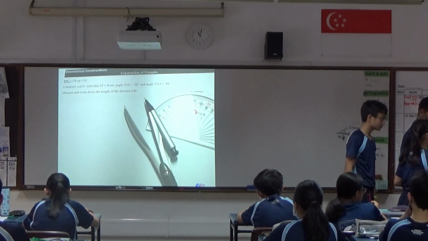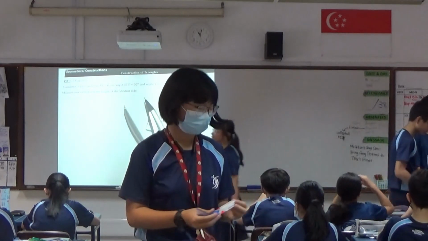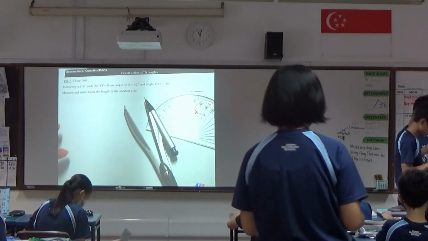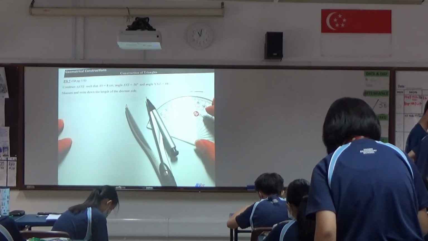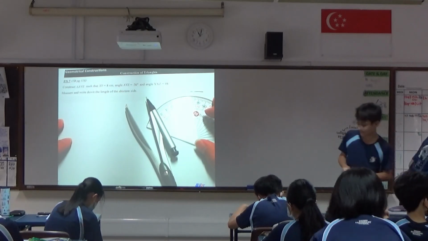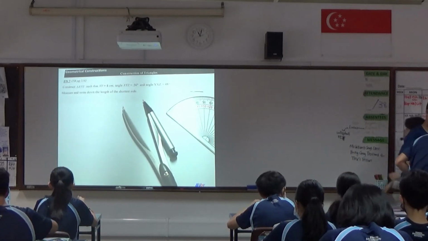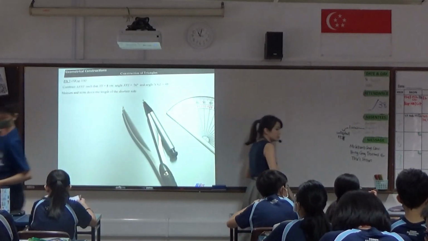Make sure you return to me at the end of the lesson. These are the compasses. Make sure there's a pencil inside. Give it 10 seconds, get back to your seat. 10, 9, 8, 7, 6, 5, 4. What do you need?